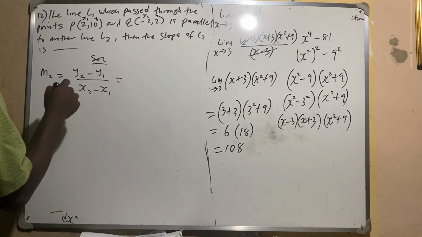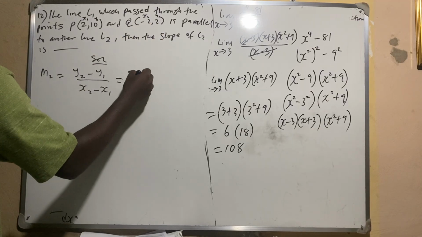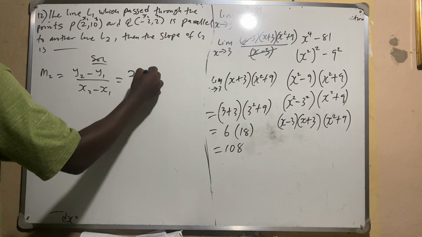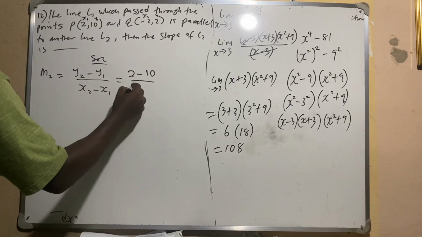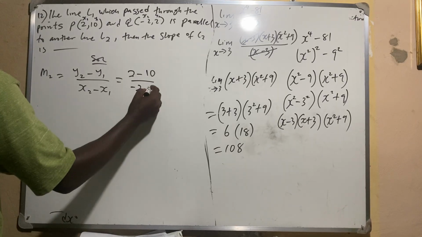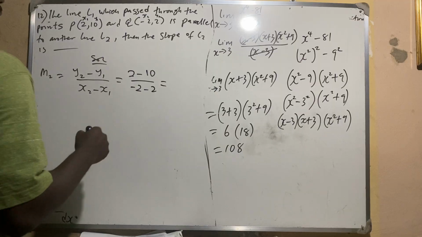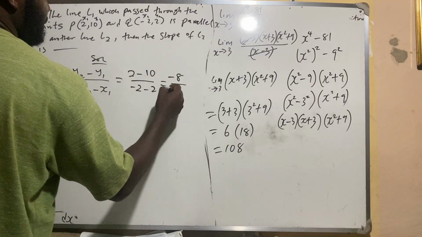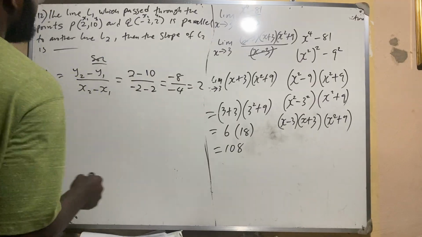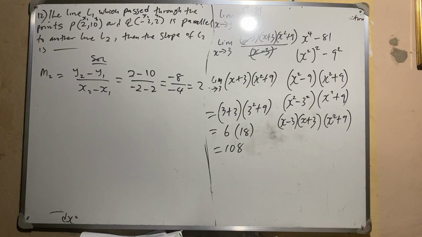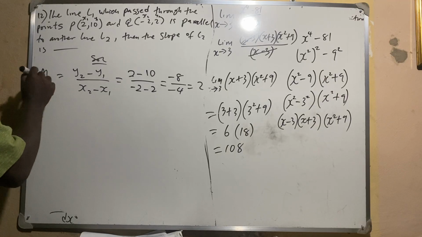So we do that. My y2 is 2 minus 10, all over minus 2 minus 2. So I'm going to have minus 8 over minus 4, which will give you just 2. Okay, now we have that the slope of the first line, M1, is 2.